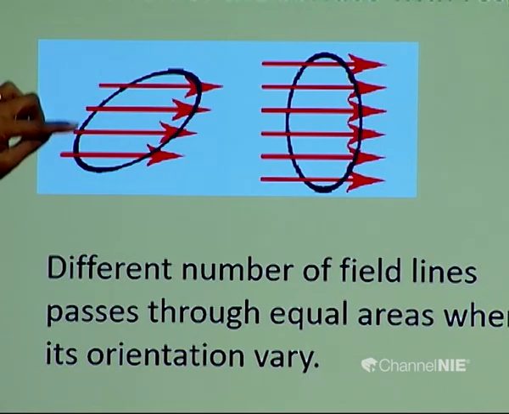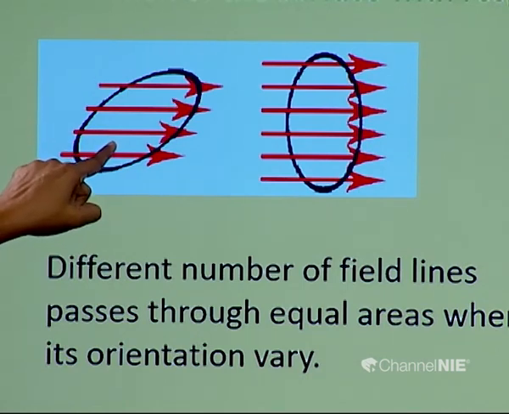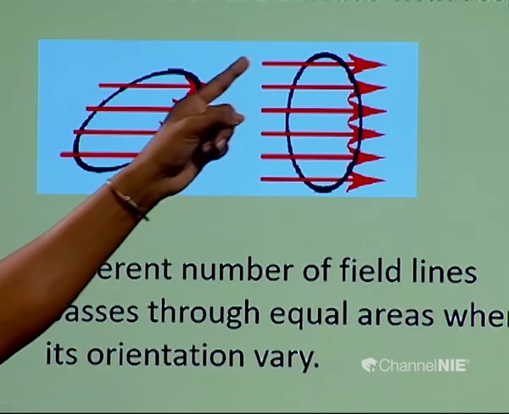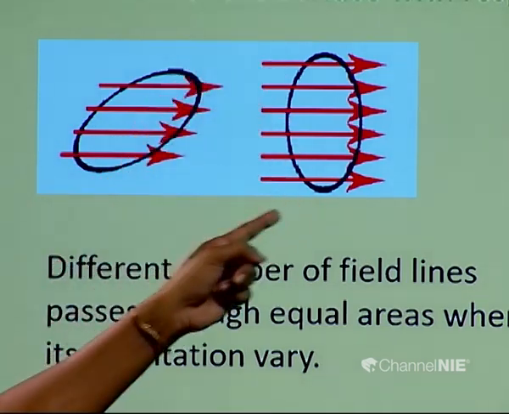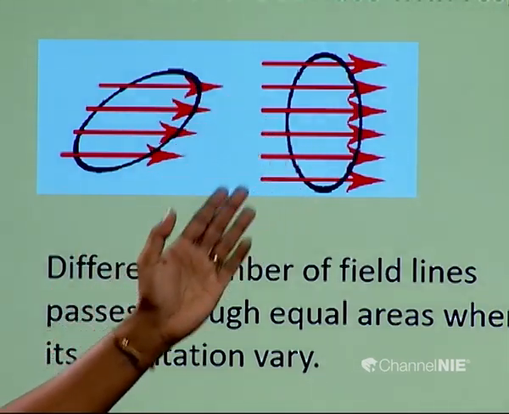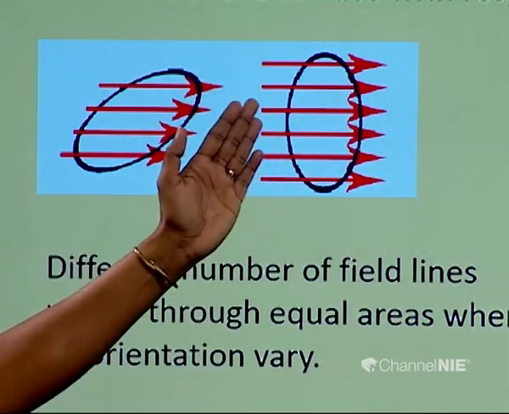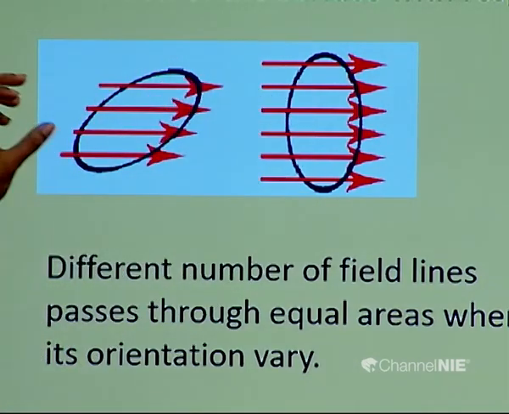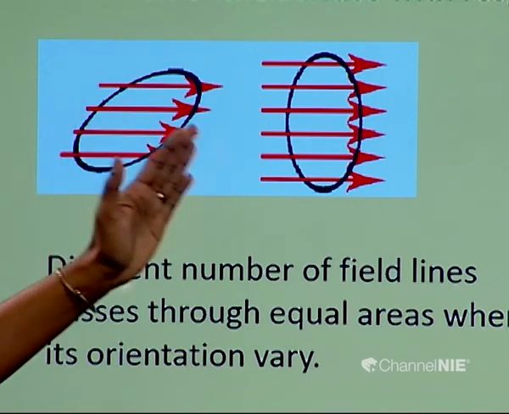Fewer lines pass through the inclined area. Same area, but it occupies a different number of lines. The perpendicular one occupies more lines, which shows higher flux density, higher field density. So, higher flux is linked with the area, and lesser flux is linked with it when the orientation changes.